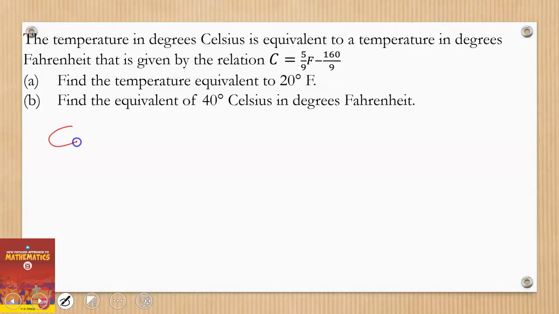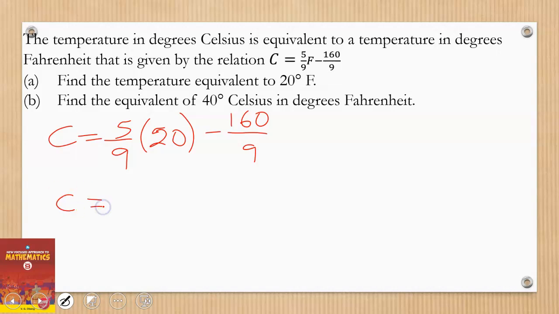So we know our C to be equal to 5 divided by 9 into bracket F. Now the Fahrenheit has been given as 20, minus 160 divided by 9. So ours is to do this simple calculation, and that will give us the result. Now our C can be calculated as 5 times 20, which gives us 100/9, minus 160 also over 9.